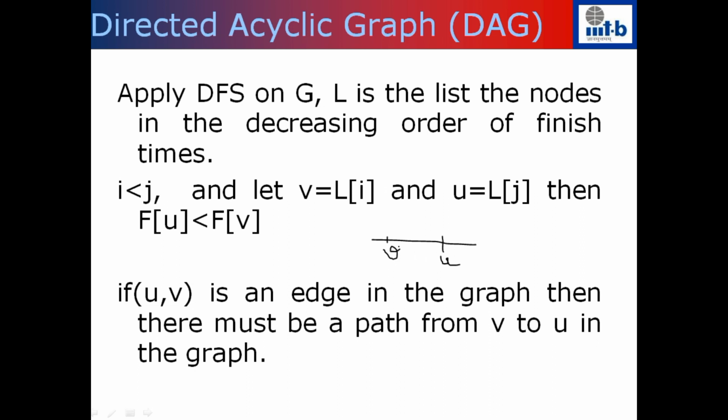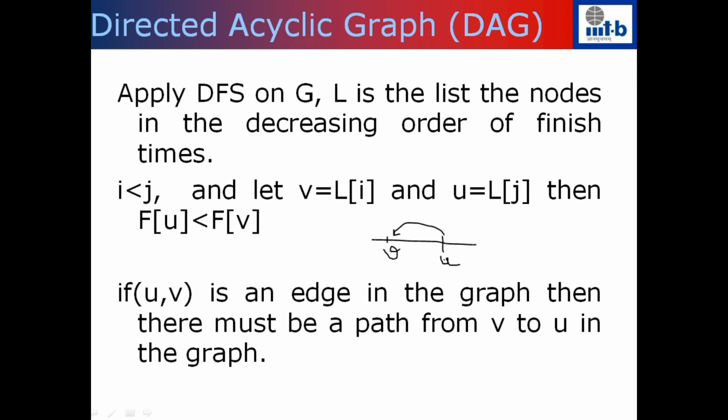So if V is before U, then the finish time of V is greater than the finish time of U. Now, suppose there is an edge in the backward direction, that is, from U to V. What is the situation? There is an edge from U to V, and the finish time of V is greater than the finish time of U.